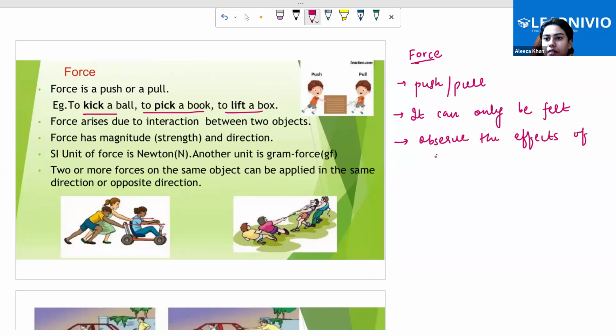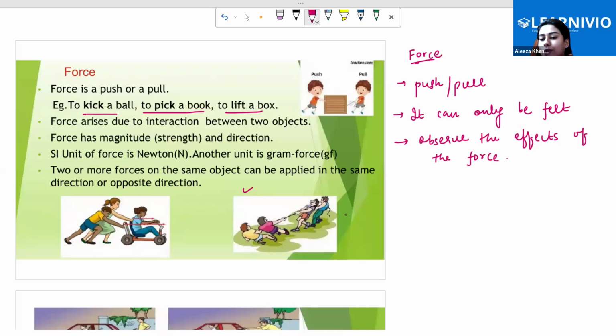If you can see the second image, what are you able to figure out? Where will the force be at its maximum, at this side or this side? It's equal because both sides have two people.